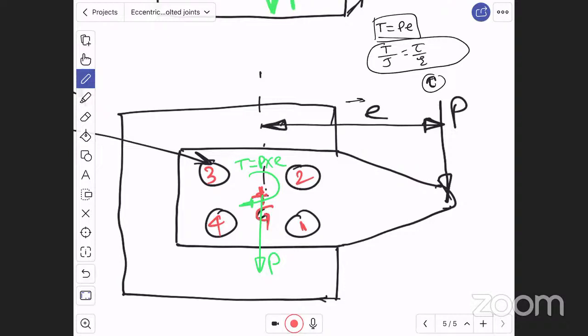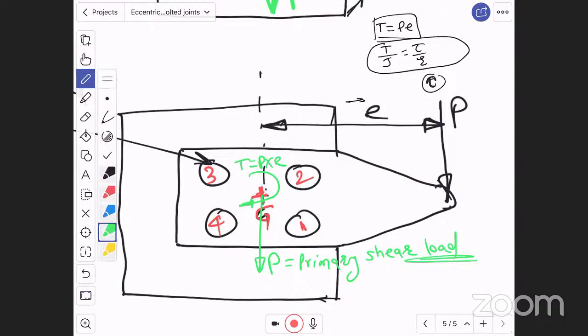Now, can you see here, this bolt 1, bolt 2, bolt 3, bolt 4 are subjected to primary shear load P. This P is called primary shear load, right, on 4 bolts. And also due to torque T, the bolts are subjected to secondary shear stress or secondary shear load.